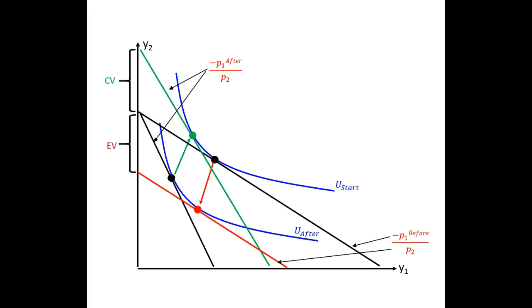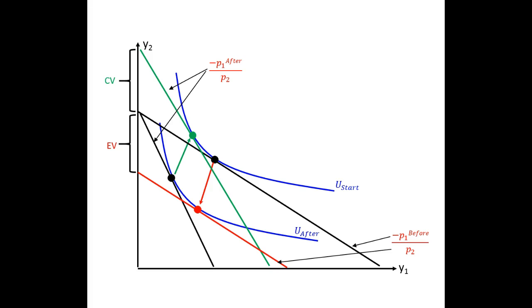And both of them are different versions of trying to express the difference between different utility functions. The only case where they are exactly the same is when we have quasi-linear preferences, because quasi-linear preferences are parallel shifted.